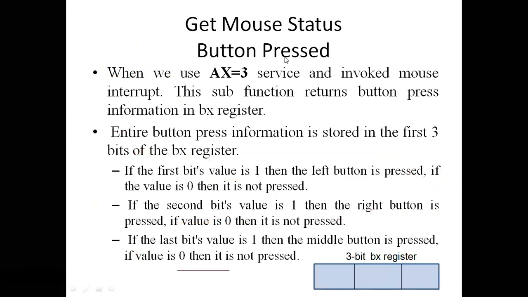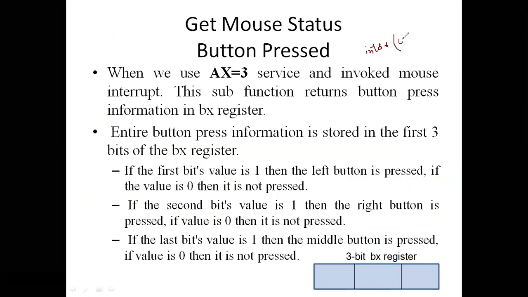Now we are discussing the other two services, AX equal to 3 and AX equal to 4. I will cover AX equal to 3. When we use the AX equal to 3 service and invoke the mouse interrupt, the mouse interrupt is int86.